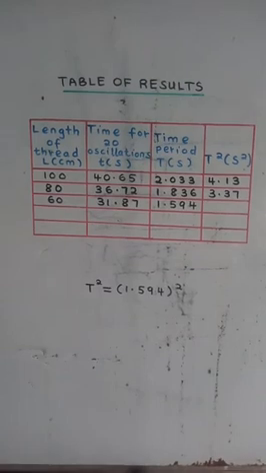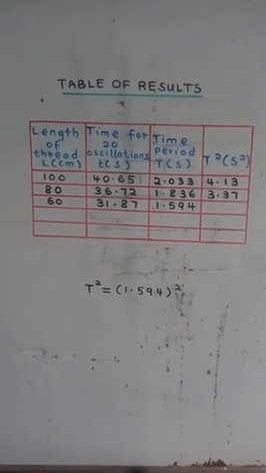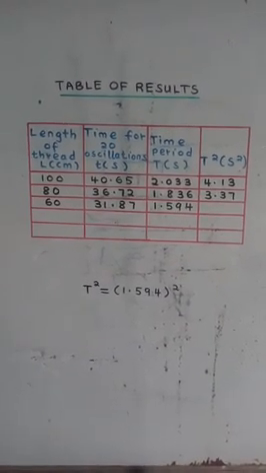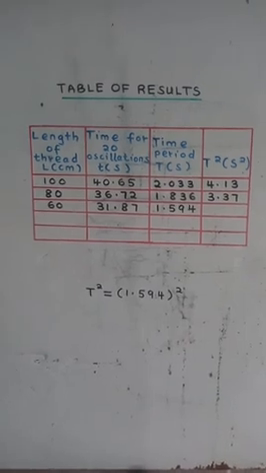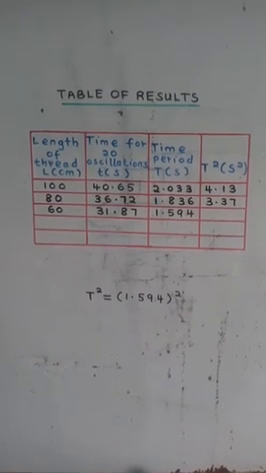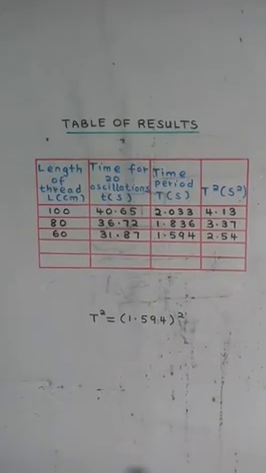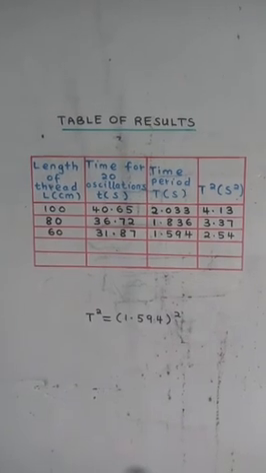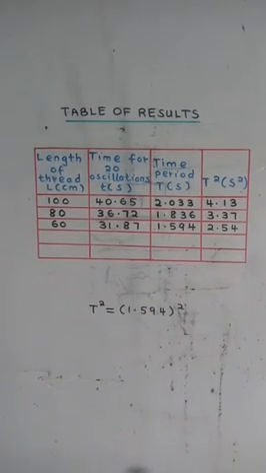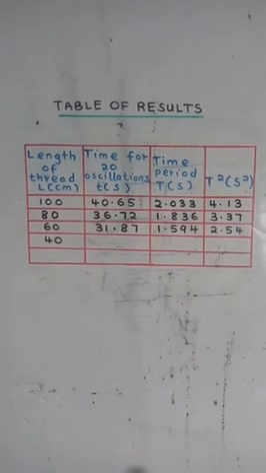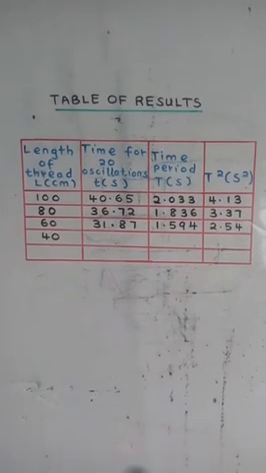Then time period square is equal to 1.594 square, which is equal to 2.54 second square.